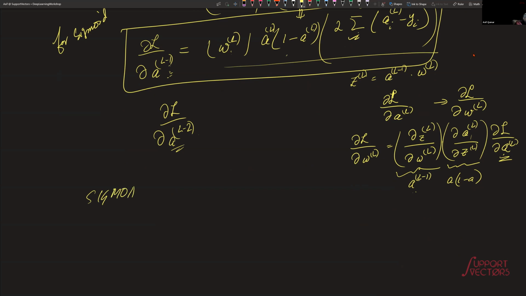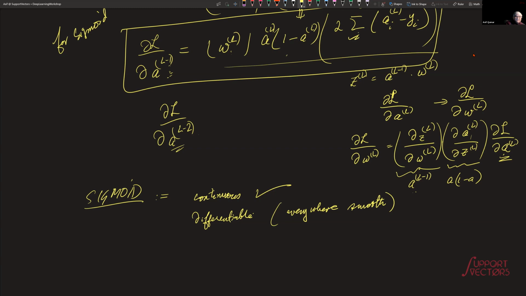Now, for the sigmoid function, let's see which properties it has. The good properties: is it continuous? It is. Yes. Is it differentiable? Differentiable is very simple. Whenever you hear the word differentiable, ask yourself, is it everywhere smooth? Yes, it is smooth.